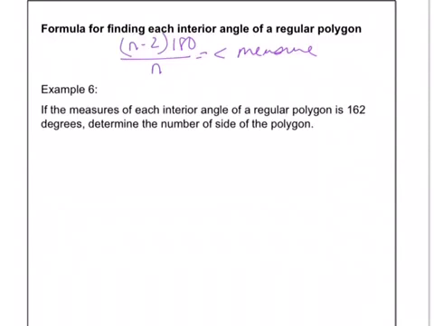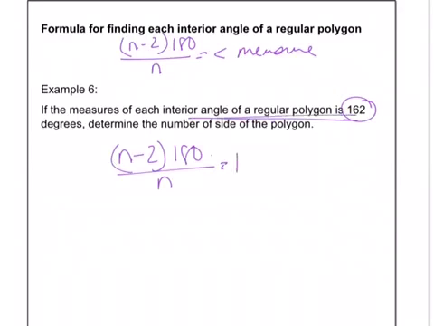So here, if the angle measure of each interior angle of a regular polygon is 162, then I put n minus 2 times 180 divided by n equals 162.